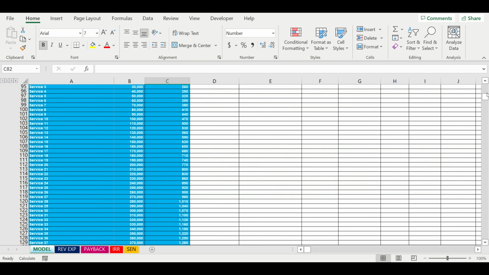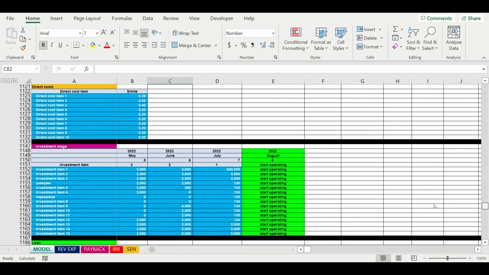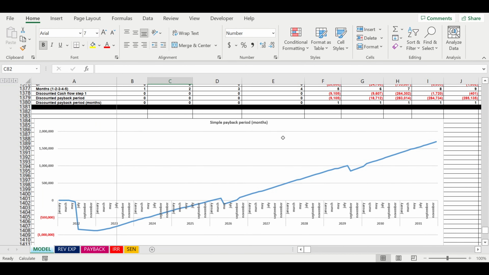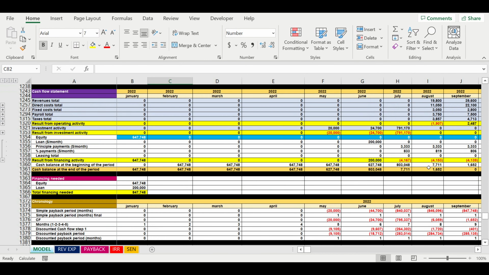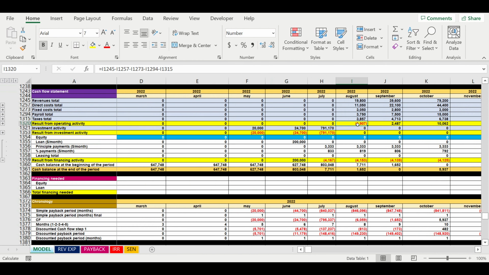Now we will go back to our cash flow statement. So after this adjustment, we can see only 1 month with operational losses, maybe a little bit here, a little bit more here, but still we can see a decrease of financing needed to start the business.